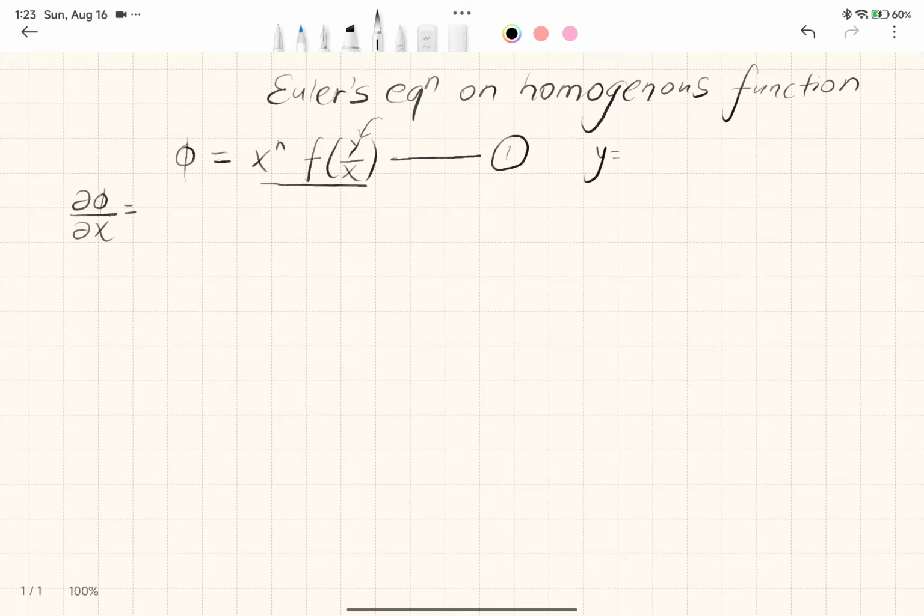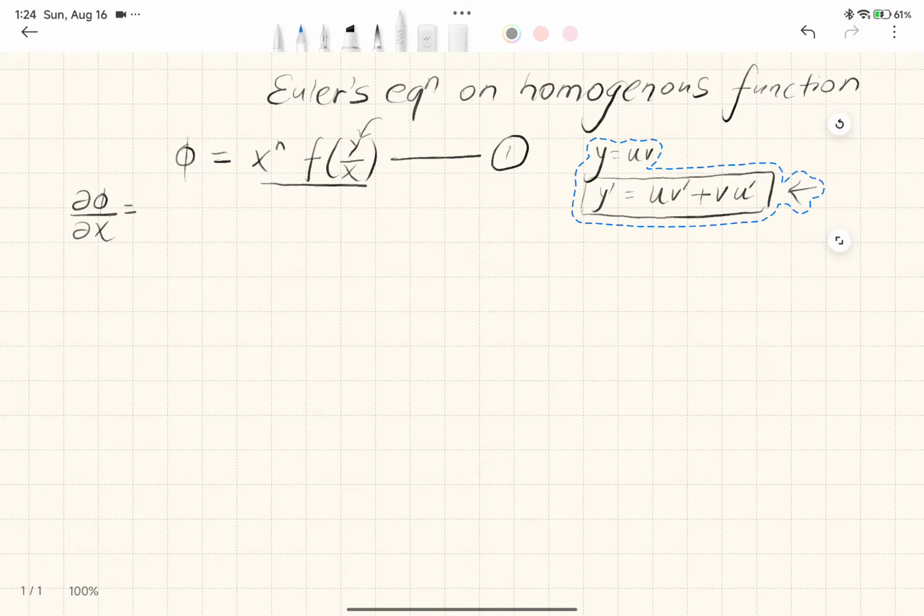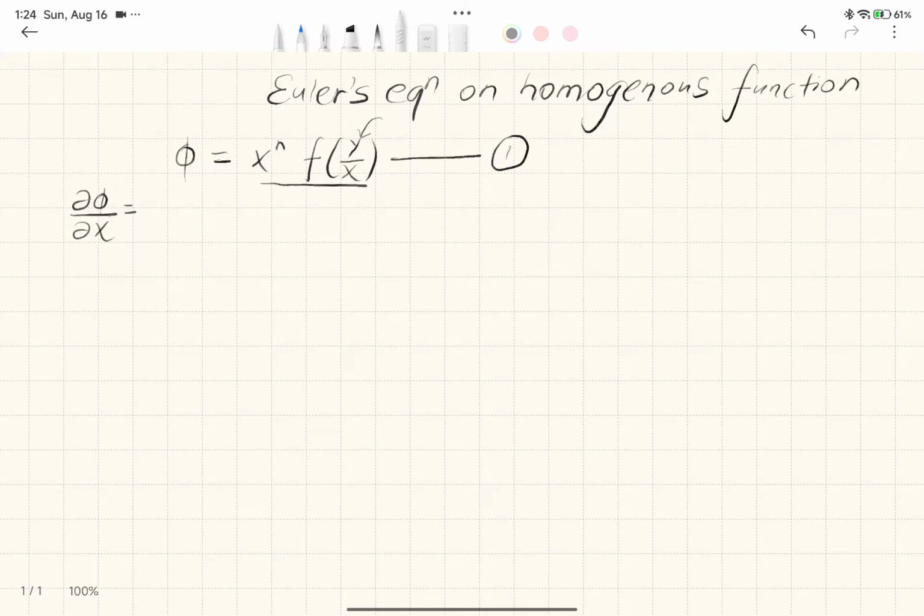As we know, if y equals uv, then the differentiation of y is the first function times the differentiation of the second function, plus the second function times the differentiation of the first function. This is the rule we are going to apply, and this is what we learned in high school. I'm just reminding you of this rule.